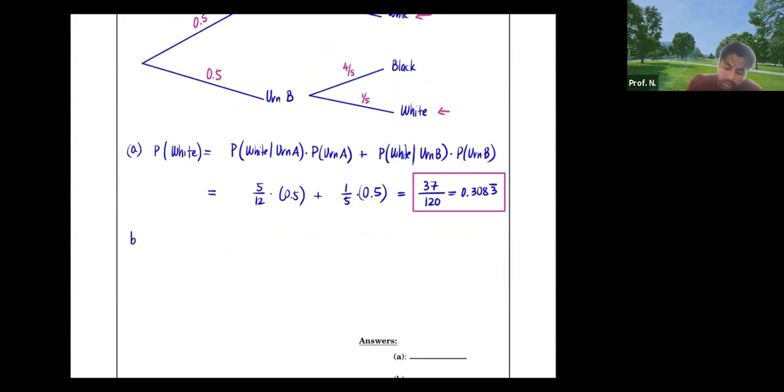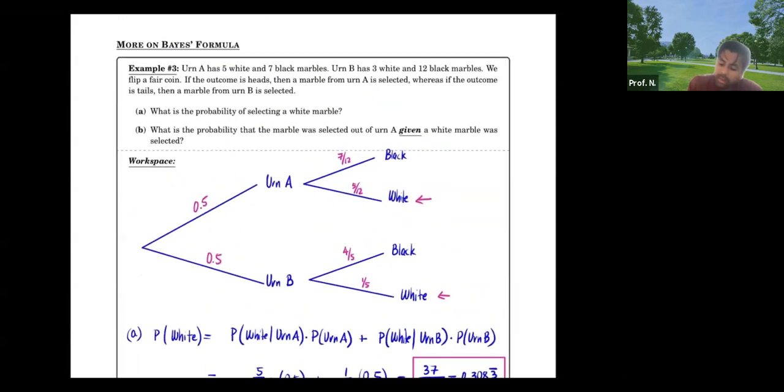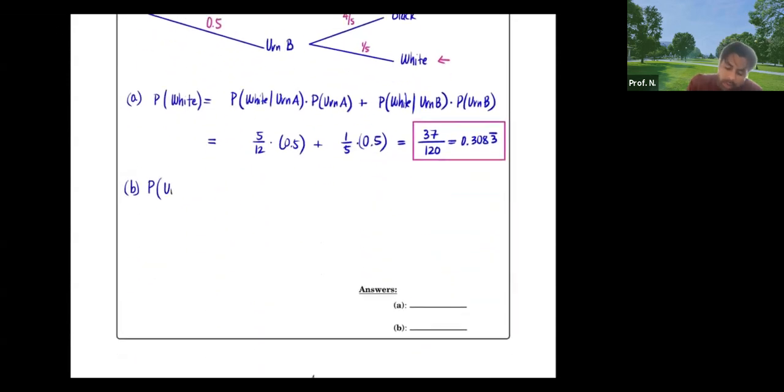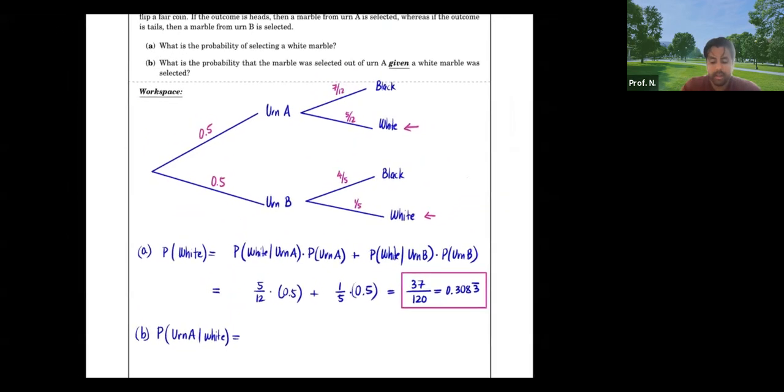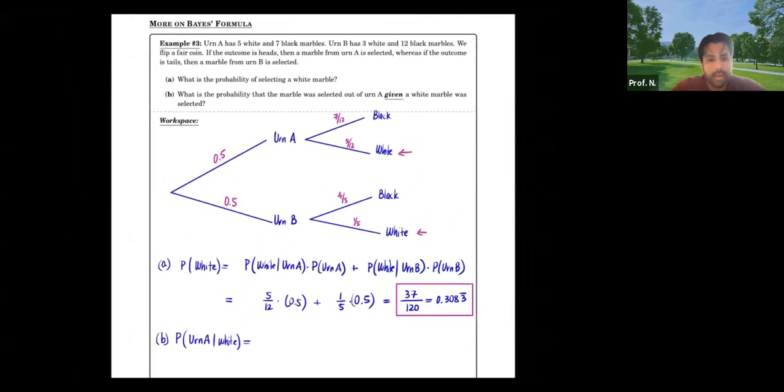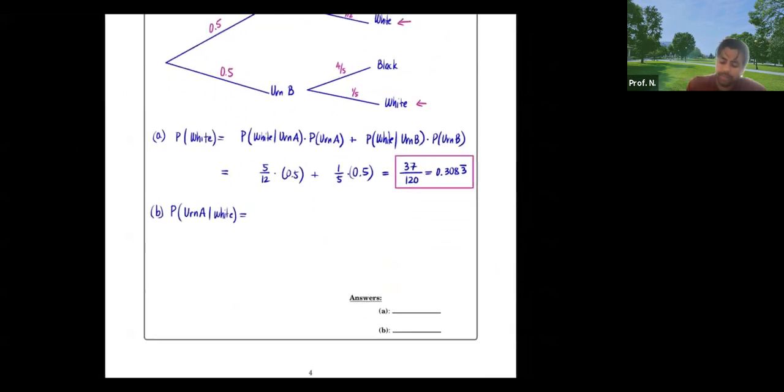And then part B asks, what's the probability that I got it from urn A, given that it was a white marble? So what's the probability of this happening? So how would we approach this? So urn A, okay. So Saren got an answer.